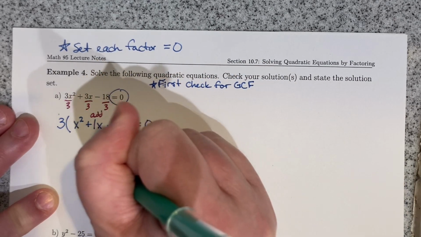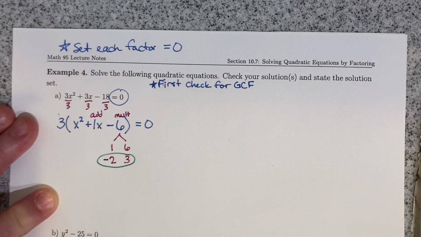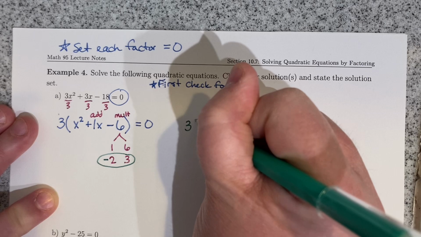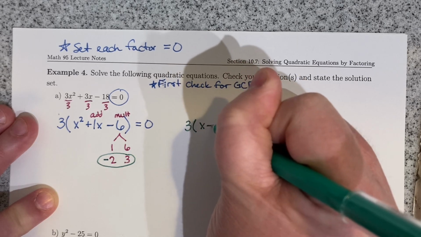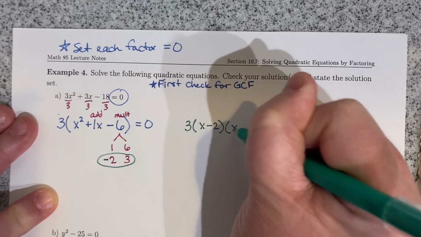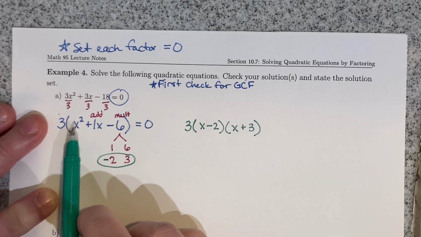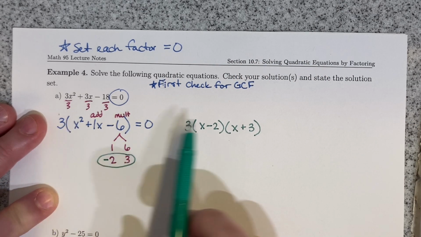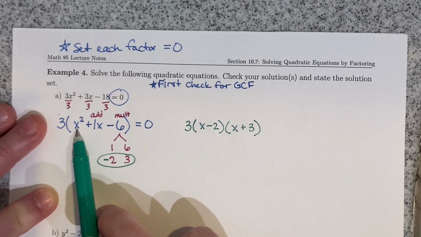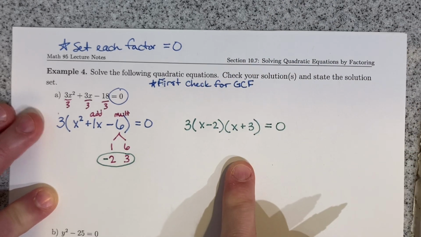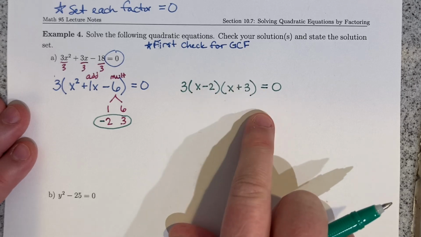So these are my factor pairs. So let's write it out here. We still have this GCF of 3, and then it's x minus 2 times x plus 3. After we took out the GCF, there wasn't an a here, so we don't have to do the splitting the middle with the AC method. Now this one's a little different because really there are 3 different factors.